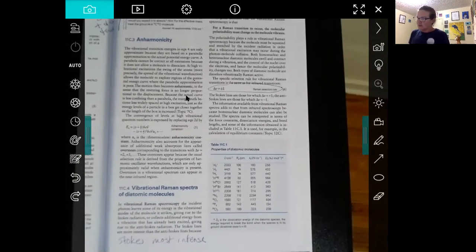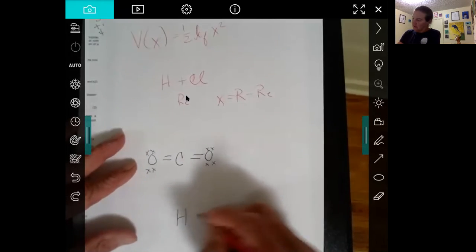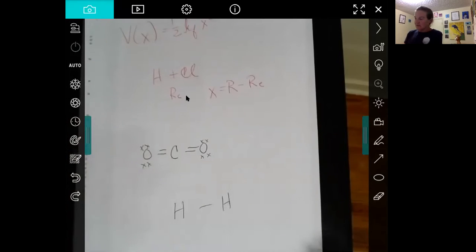For a Raman transition to occur, the molecule's molecular polarizability must change as the molecule vibrates. Polarizability, you might remember from London dispersion forces, is essentially its ability to hang on to its electrons, or how easy it is to distort them. Even a molecule like H2 doesn't have a dipole moment.